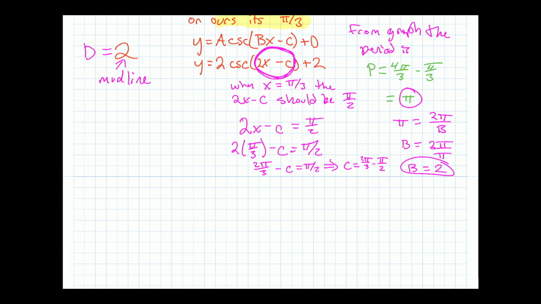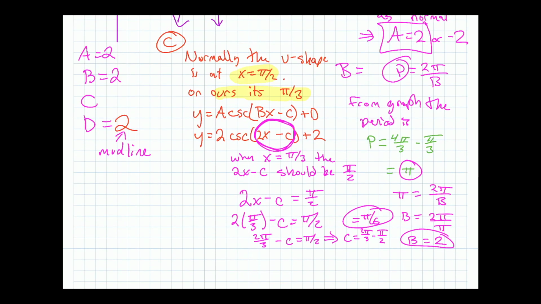I'm going to do that on a calculator. So I've got 2 times pi over 3 minus pi over 2, and I get pi over 6. So c is pi over 6.